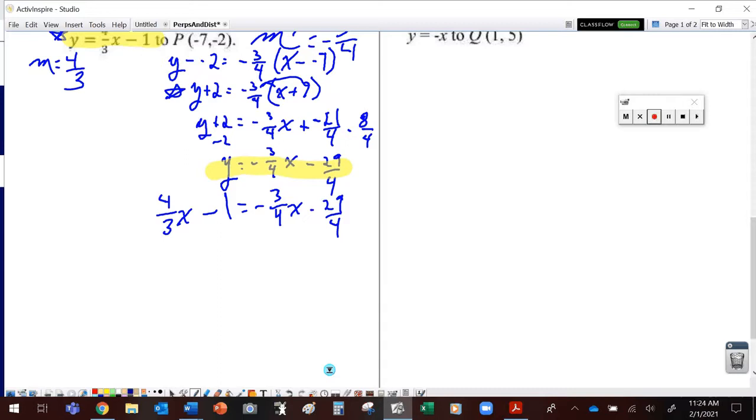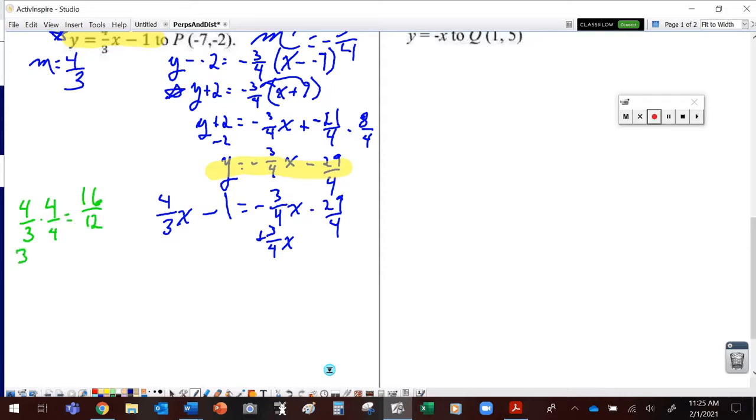Now we'll go ahead and solve. I'll add 3/4 x to both sides, and over here get that common denominator. Let's do some scratch work. This 4/3, I'm going to multiply top and bottom by 4 and get 16/12.